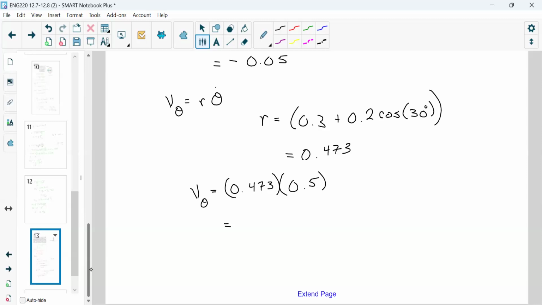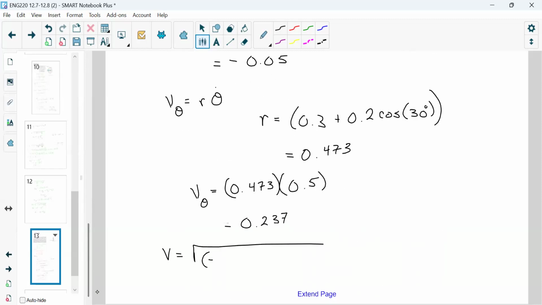It's going to cut that in half, giving 0.237.